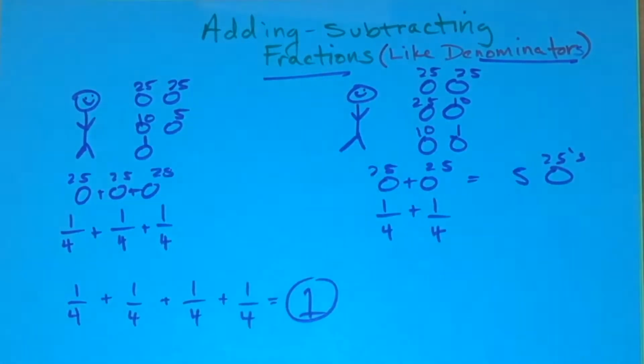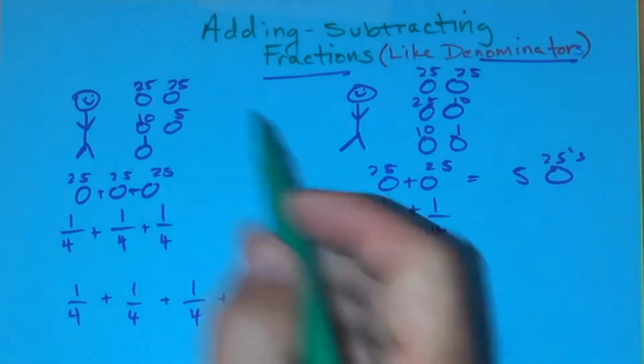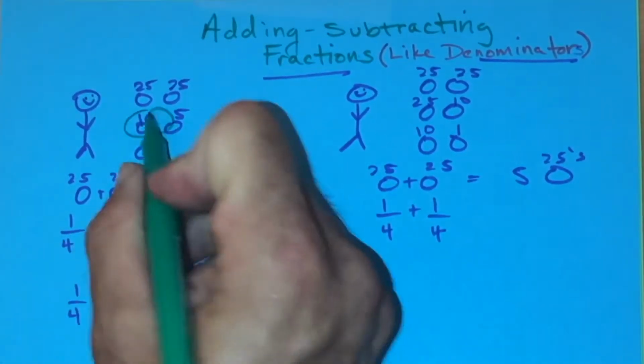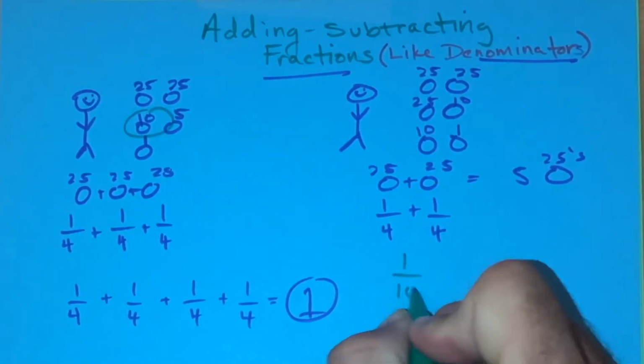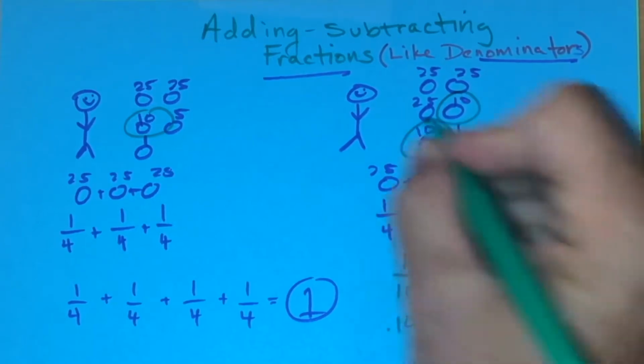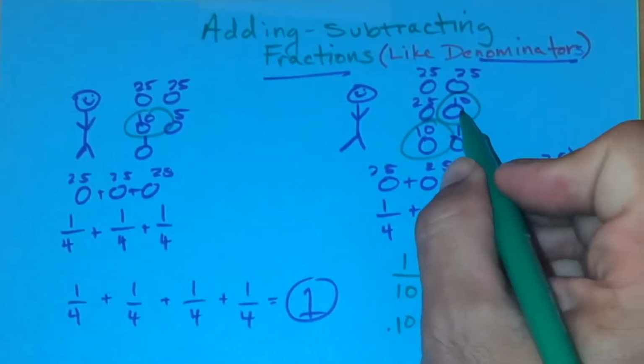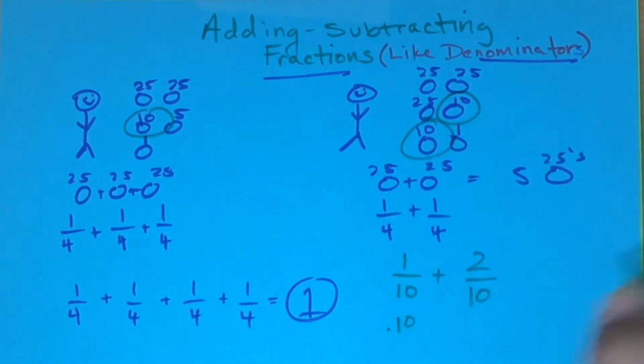So for instance, if I wanted to look at how many tenths each person had, I would say, okay, they have a tenth here, which is a dime, and this person has 2/10 here. So I could add up the amount of tenths each person had and call it 3/10.